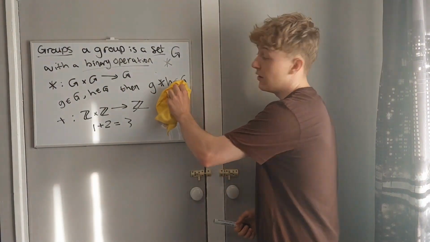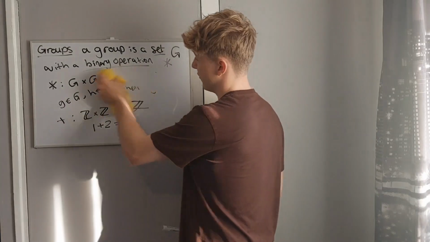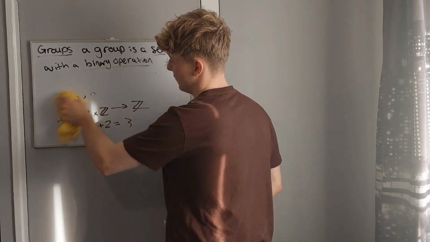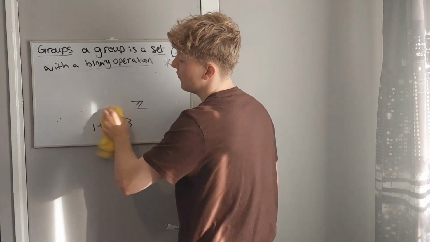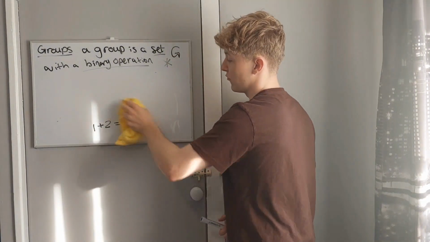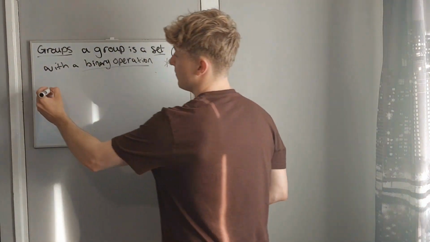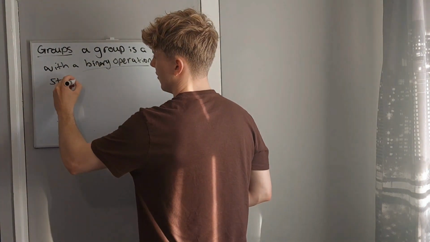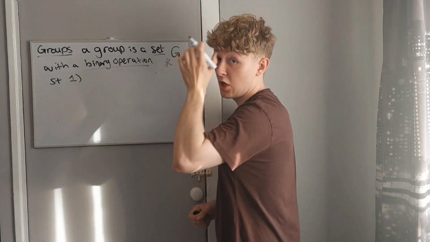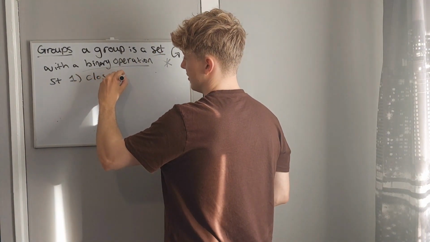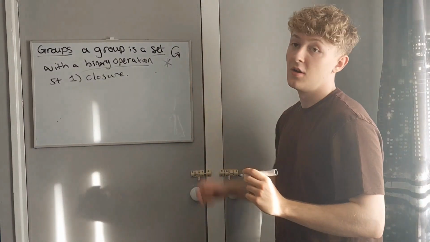But there is a little bit more to the definition of a group. In fact, there are 4 more things we assume. Well, with the caveat that some people will write 4 and some will write 3. And we'll explain that now. With number 1, there is closure, which, as we just mentioned, is part of the definition of binary operation.